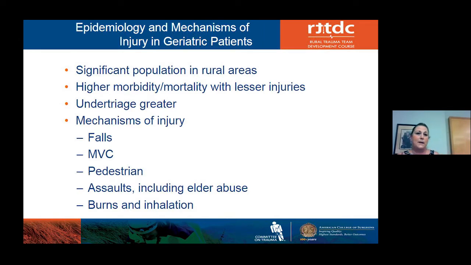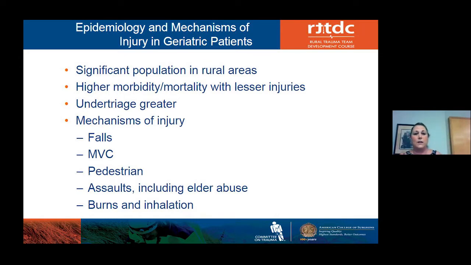So some of the epidemiology and mechanisms of injury in the geriatric patients. As you know, in this area, as in most areas, we have a significant amount of population that are geriatrics in the rural areas. As we're looking at it, the geriatric population is increasing, mainly because we have much better care of the geriatric patient, and our patients are living longer.